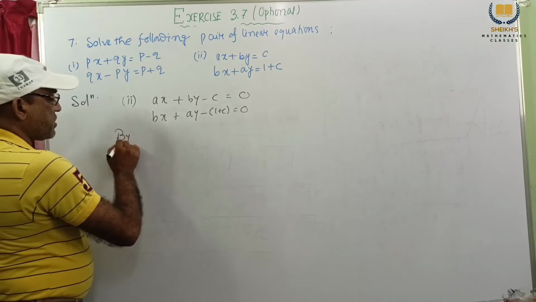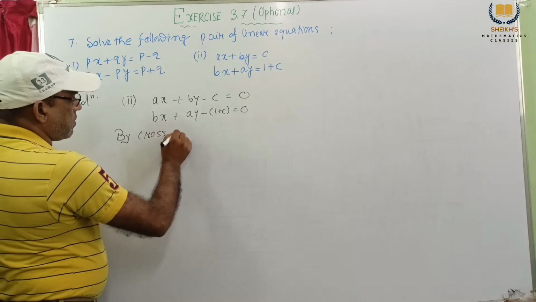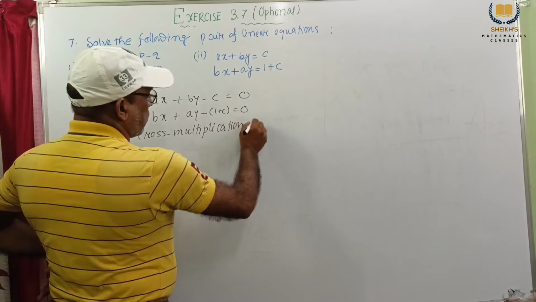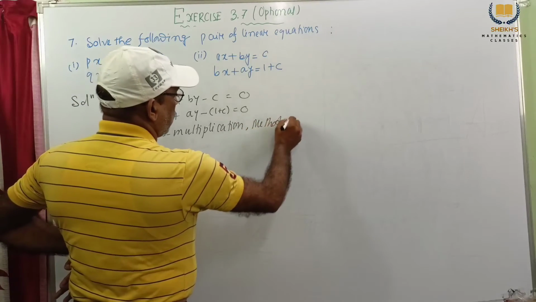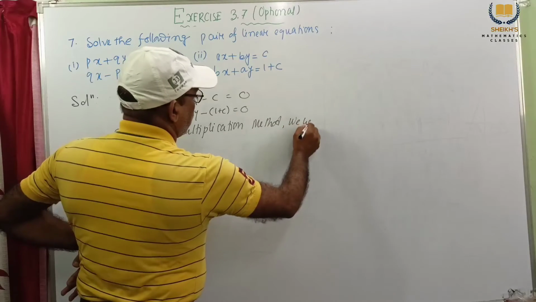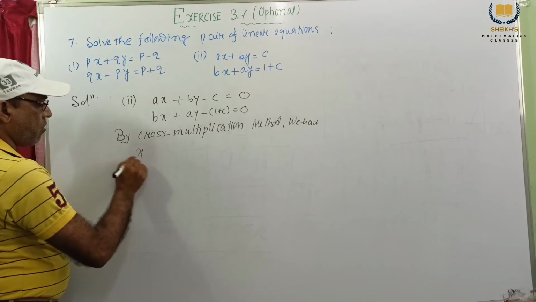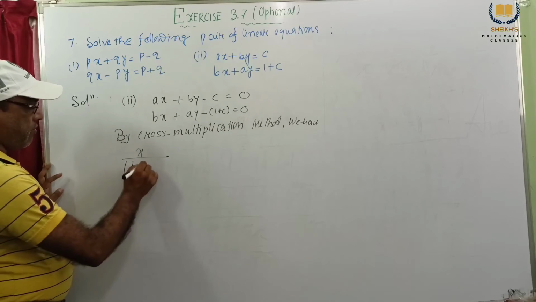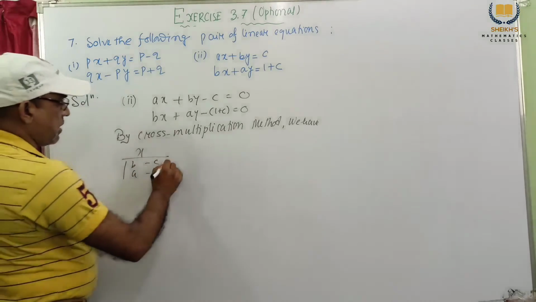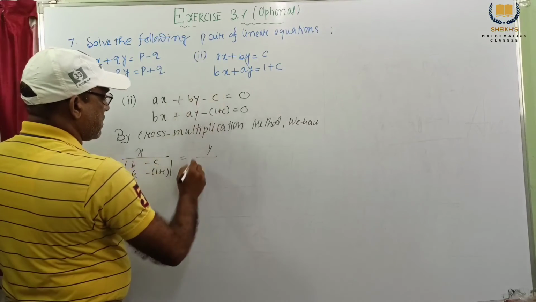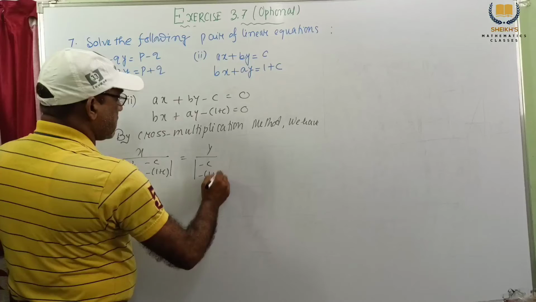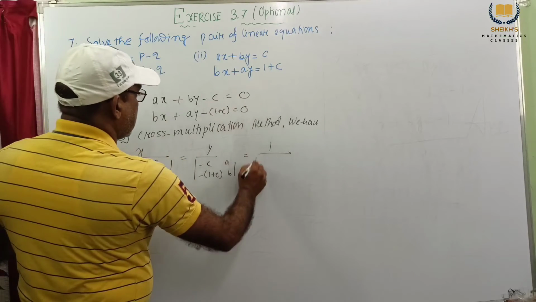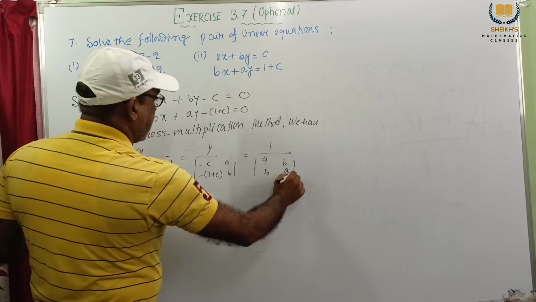So by the cross multiplication method, we have, when we consider x, this one cancels, this we get ba minus c minus 1 plus c, and y taking, then this one cancels, minus c minus 1 plus c, and this is ab, and the last one is 1, this one cancels, ab, ba.